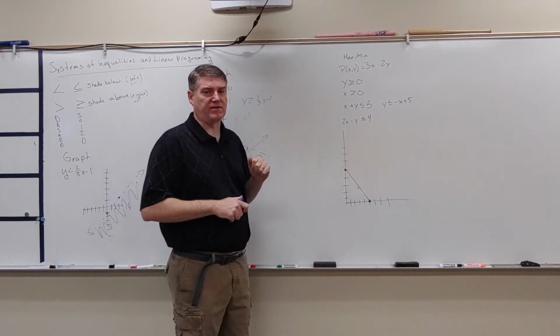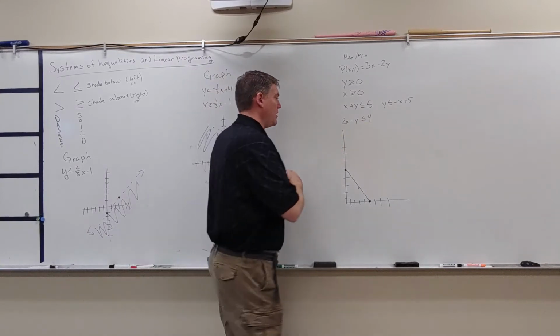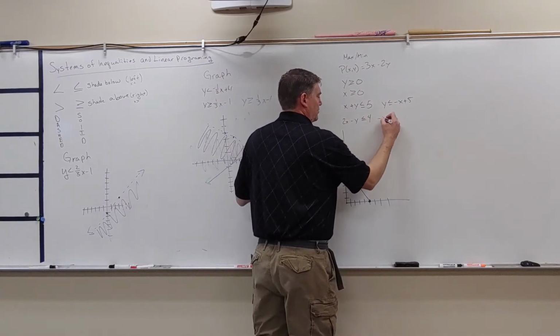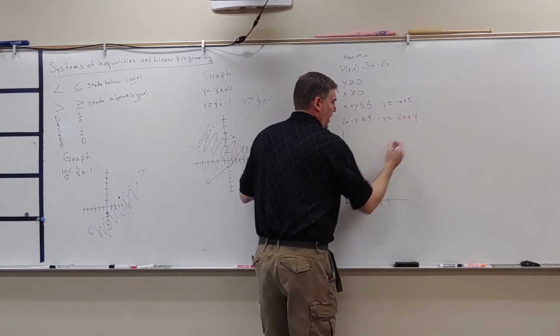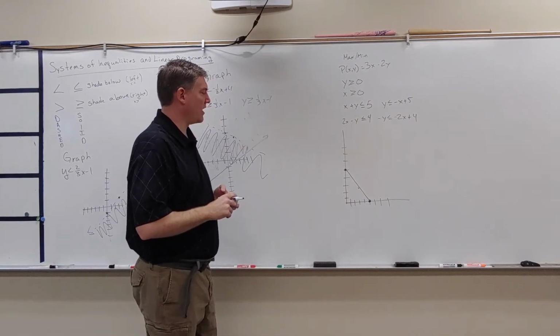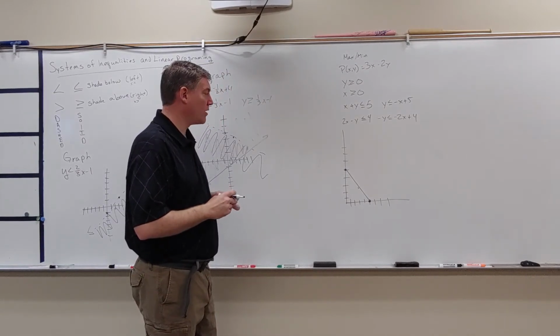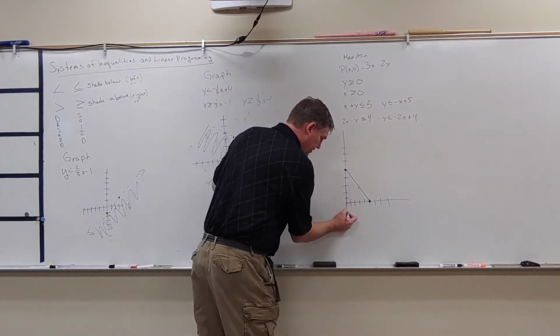Now I have to graph this. So we want to convert this here. So what I'm going to do is subtract off my 2x. So now I have negative 2x plus 4. I have to flip that around. So I'm going to go ahead and extend this out.